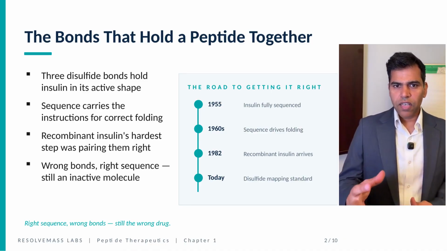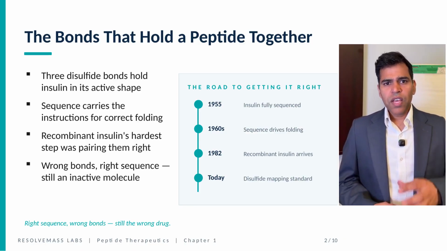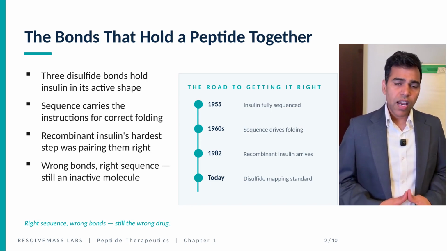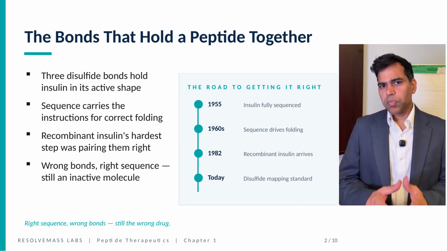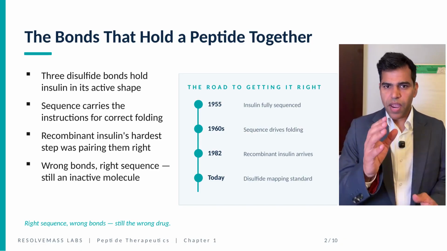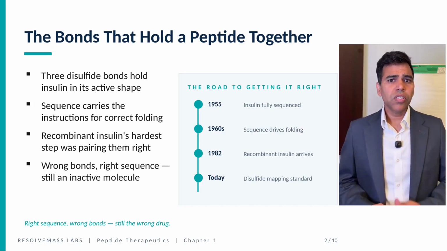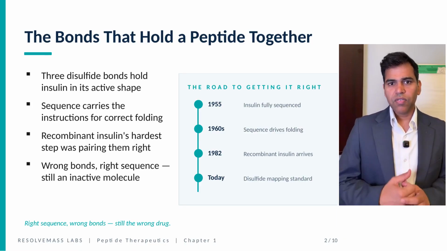The disulfides lock the shape that makes the drug work. When recombinant insulin arrived in the 1980s, the hard part wasn't building the chain, it was getting those 3 bonds to pair right. Right sequence, wrong bonds, and you don't have insulin, you have an inactive look-alike.